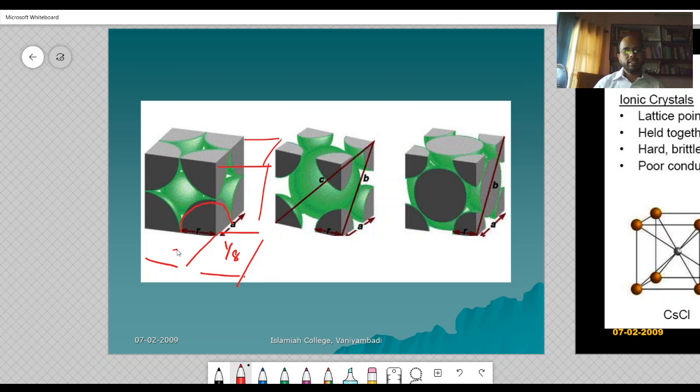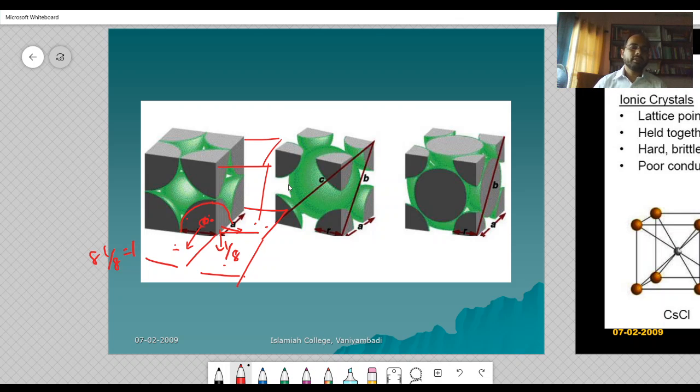You can get 1, 2, 3, 4 cubes there. This one, 1, 2, 3, 4. So 4 at the lower level and 4 at the top level, and these give rise to 8 cubes, and we saw how 8 sharing is equal to 1 cube, one particular atom is there.